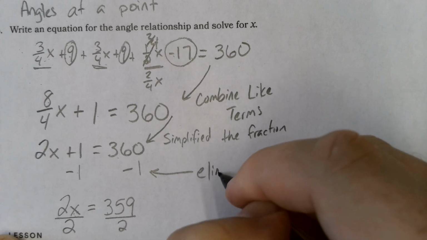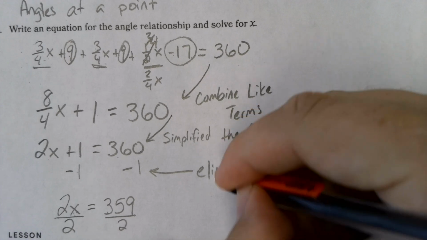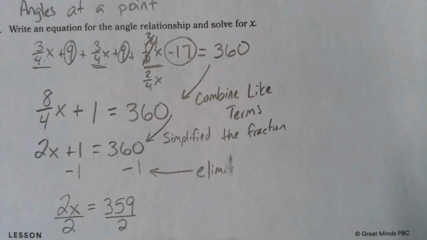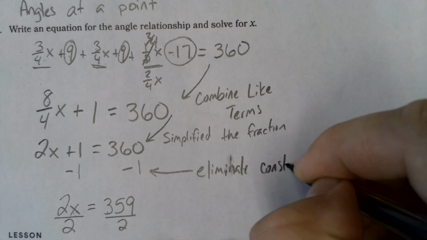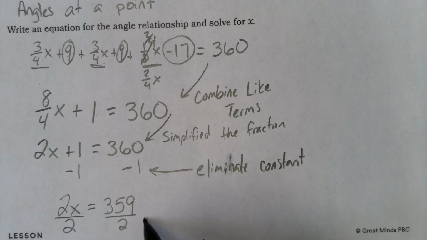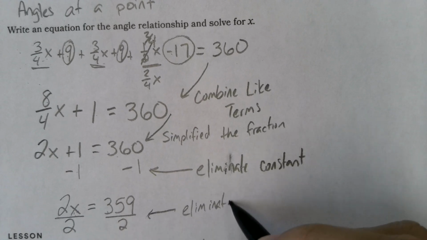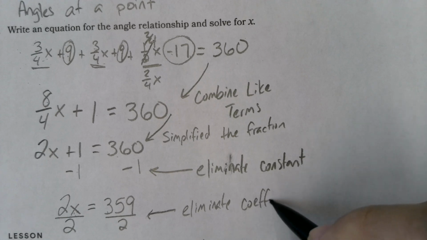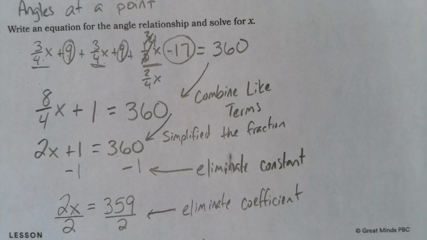Right here we eliminated the constant, which is what happened. And then we are going to eliminate the coefficient. Coefficient is the number in front of the variable that is being multiplied to the variable.